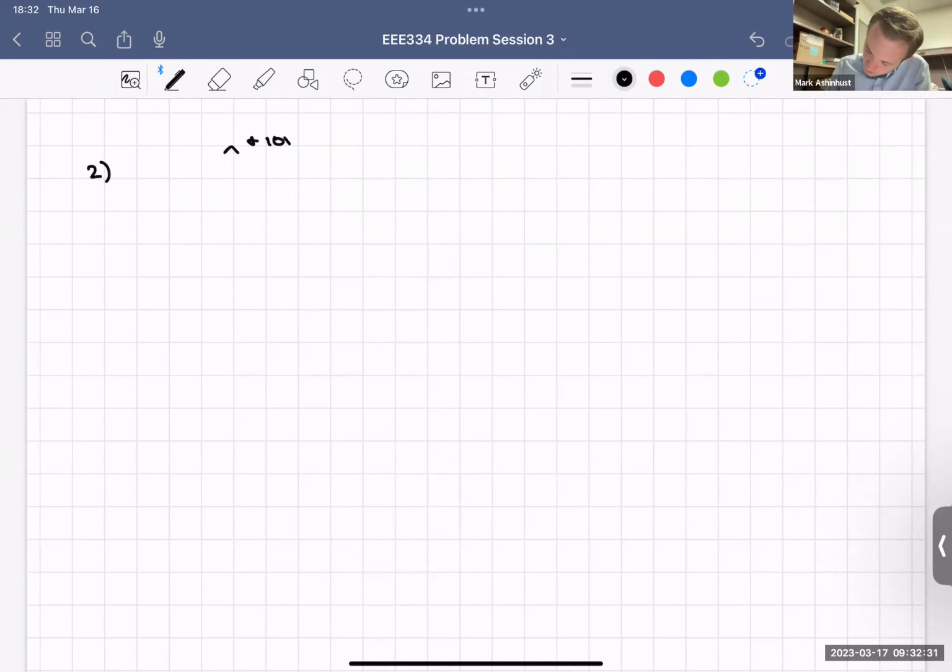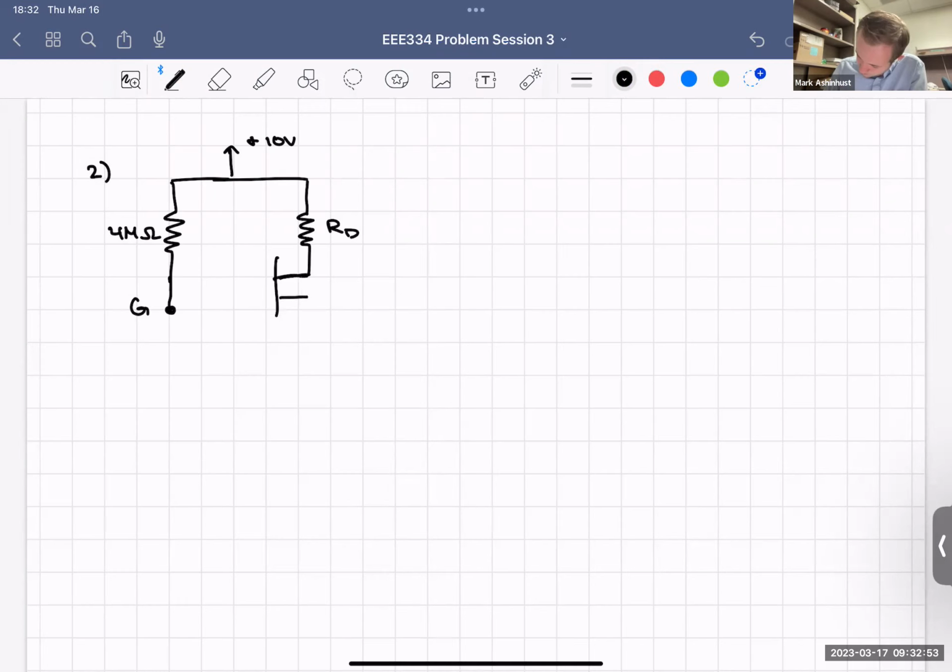The top here is going to be at 10 volts. We have 4 mega ohms. We have our drain resistance. This goes down to our gate.